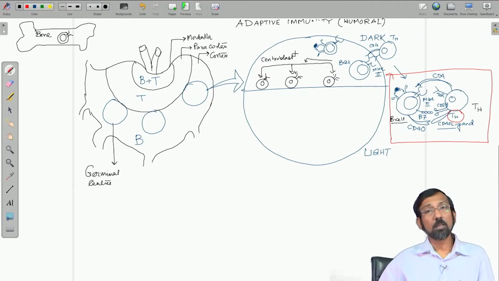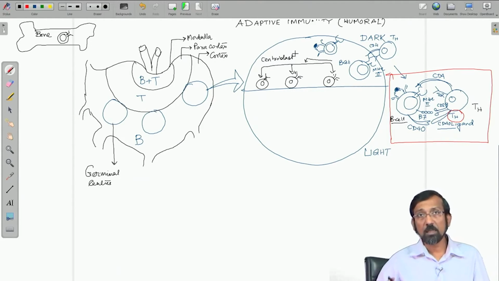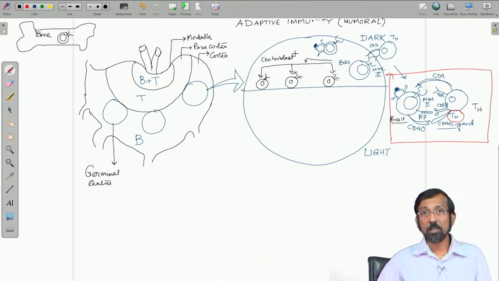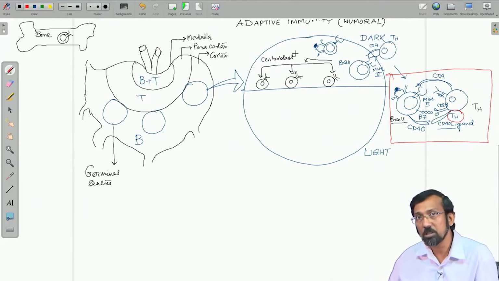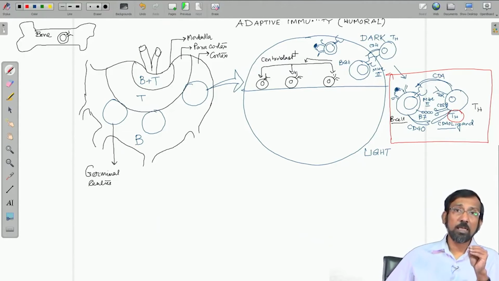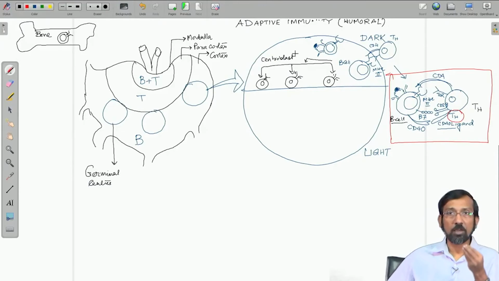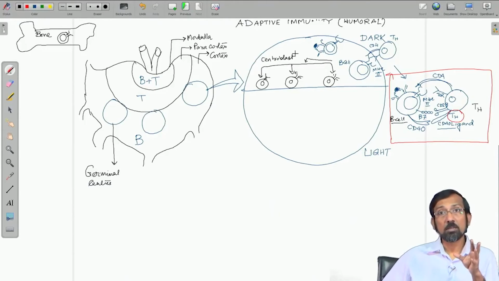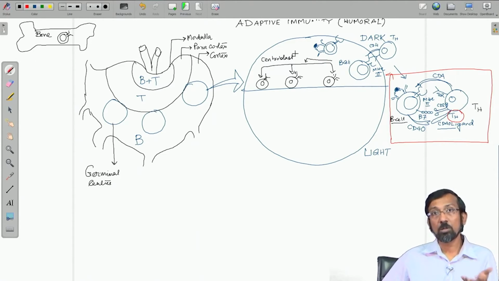Immediately after this interaction, there are many other events occurring in the B cell, a lot of signaling, among which one of the very vital events is the somatic hypermutation. You will study about somatic hypermutations in more detail, but what happens is there are mutations in the variable region of the heavy or the light chains, and that leads to a change in the affinity of these immunoglobulin molecules towards the antigen.